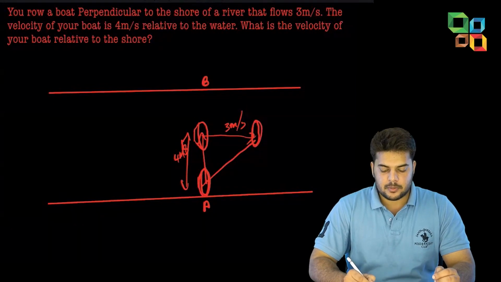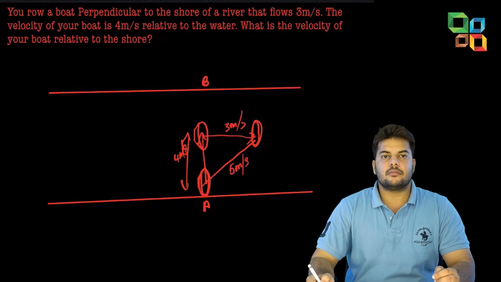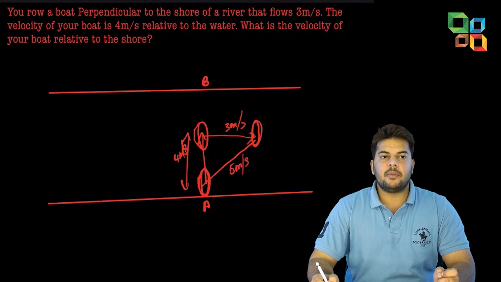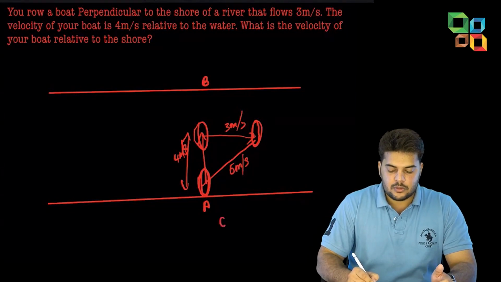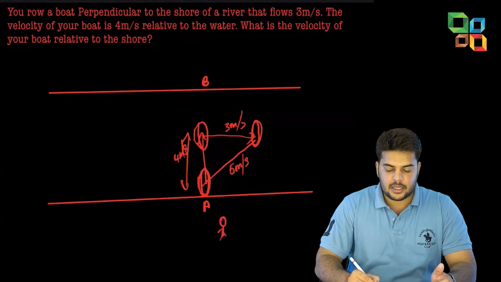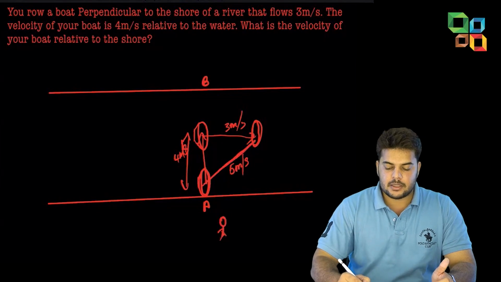So the total displacement is 5 meters in 1 second. Is that okay? That's it. Problem solved. So for a person who is on the shore over here, it would appear like the boat is moving 5 meters in that direction every second.